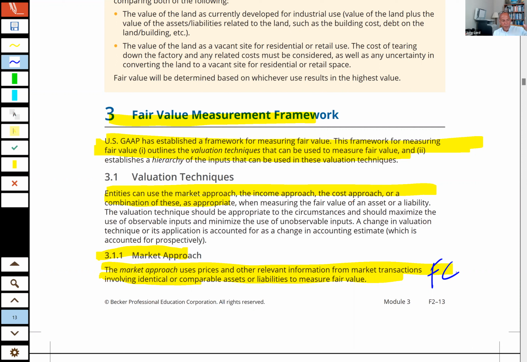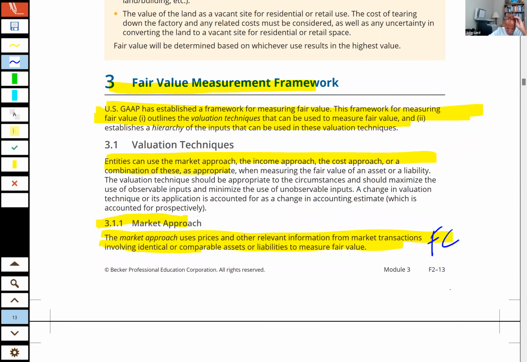I had a brand new house, and the only other houses around it in an older neighborhood were like 60 years old. They're comparing a 2-year-old house to a 60-year-old house and saying, those sold for that, so yours will sell for that. I'm like, no, for that price, someone can stand at the curb and look at my house. I'm not going to let them buy it for that amount. So sometimes these appraisals get a little subjective, but that's sort of what happens. They look at similar properties, similar assets, liabilities under the market approach.